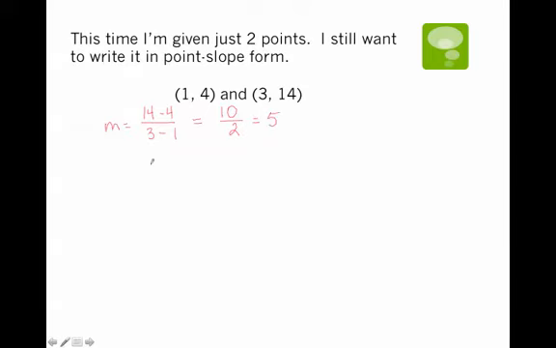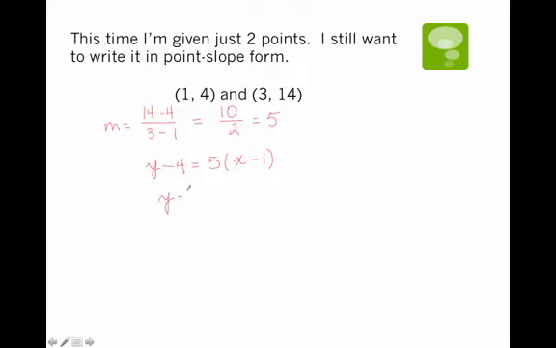So now I've got my slope, and I can use one of these points, and I'm just going to choose the first one. I like that it has smaller numbers. So y minus 4 equals my slope of 5 times x minus 1. Well, I'm done in terms of point slope form, but I do want to go ahead and convert this to slope-intercept form.